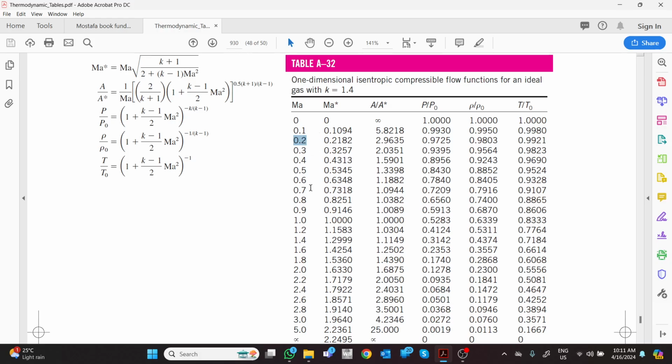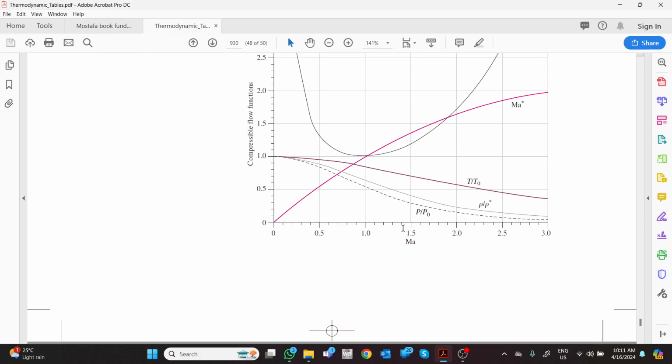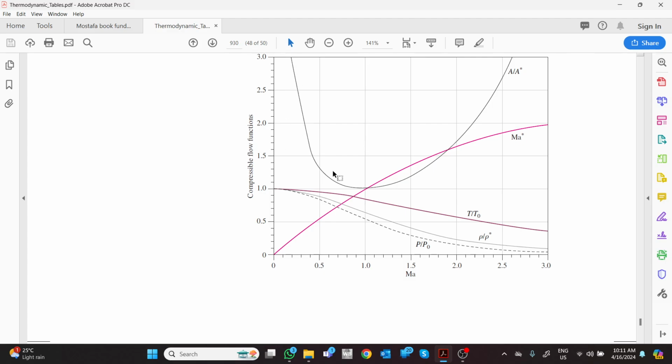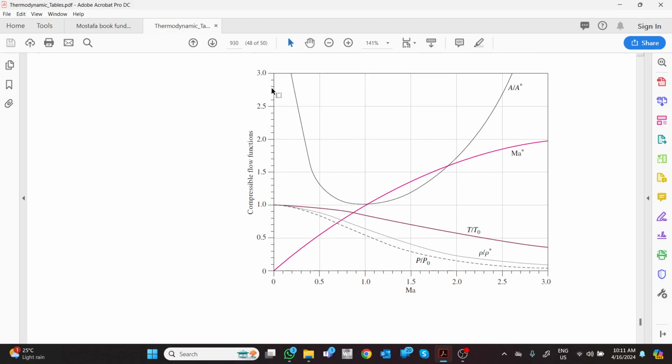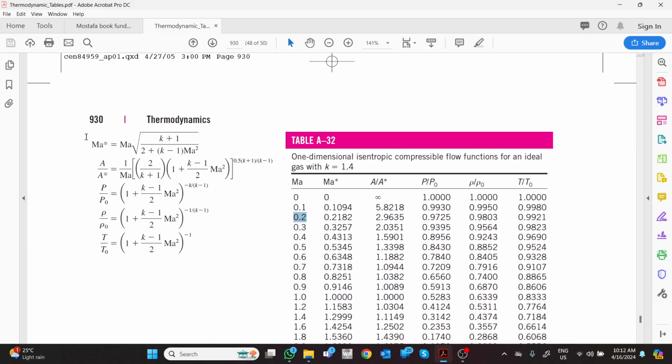If you have something in the middle, return to here and check what your corresponding function is. For example, you have 2.9 approximately here and here, so you can check what the Mach number is here and what the Mach number is here. Why didn't we use this other function? It is something else. We don't want to open it. We're going to open it later.